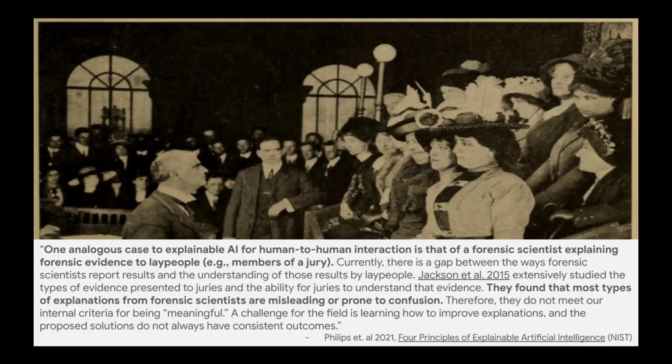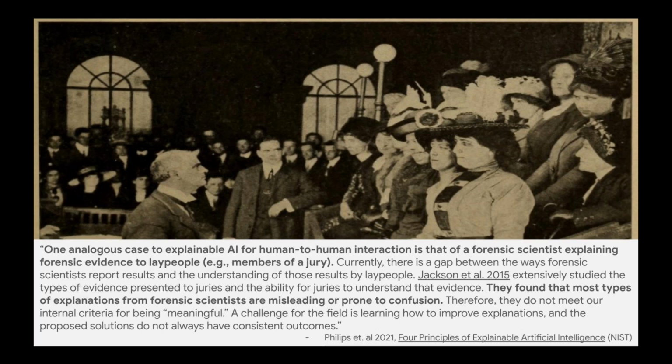And there was a really great analogy presented in this paper, Four Principles of Explainable Artificial Intelligence, published by NIST. They described it as analogous to forensic scientists presenting evidence to juries. So you have this moment where there's an expert, a forensic scientist, trying to communicate what they know to a jury of people who do not have that expertise.